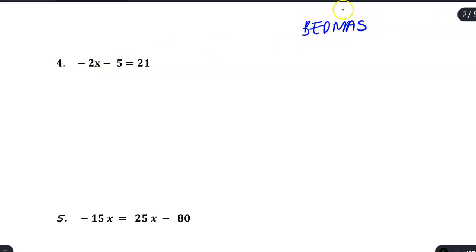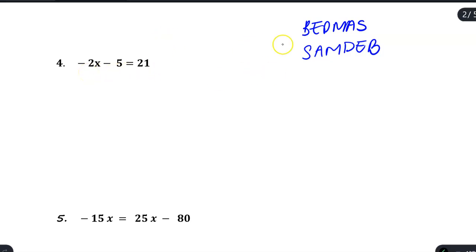That's what I call the reverse operation of BADMAS, or they use the word SAMDAP. SAMDAP, reverse operation, and also the opposite operation.